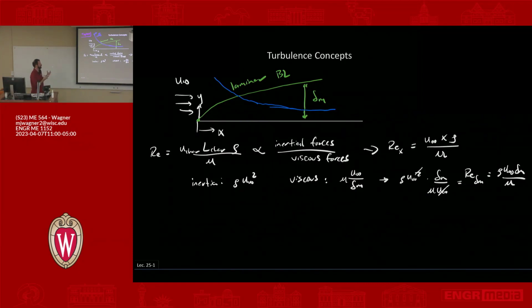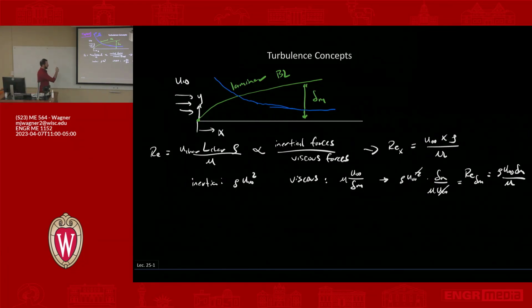It's always some relationship between the inertial forces and delta m. It's just that when we write it out for a pipe or for a flat plate, we don't actually know delta m to begin with. We want to have it in terms of some other characteristic length. So we use x, or we use the hydraulic diameter, or whatever. But in reality, Reynolds is conceptually this relationship between the inertial forces and delta m.